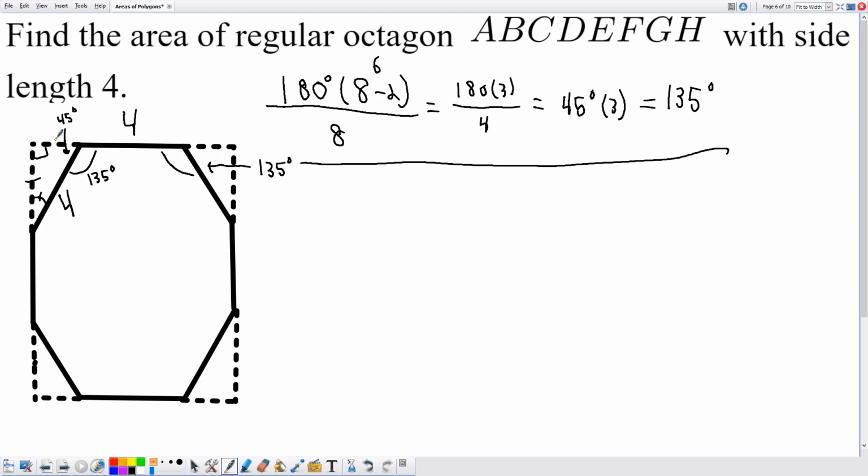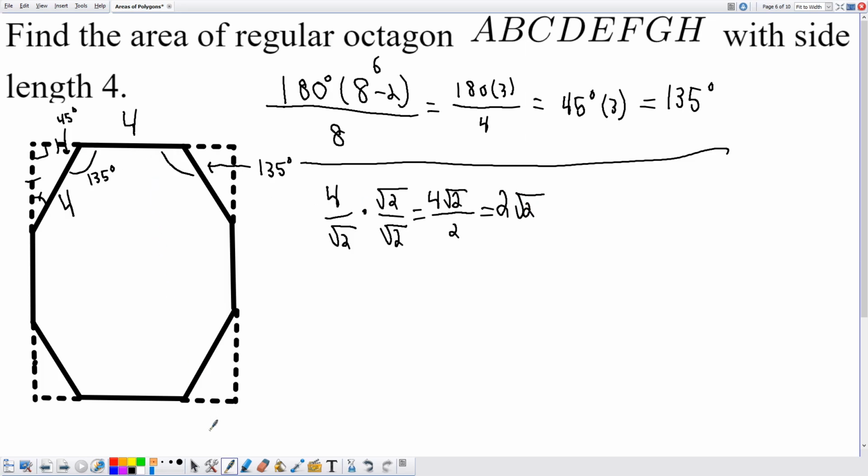Which means we have a 45, 45, 90 triangle. Which means that this side is the length of the hypotenuse divided by the square root of 2. So we have 4 divided by the square root of 2, which, with our simplification process, we multiply by the square root of 2 over square root of 2, and we get 4 root 2 over 2, which eventually 4 over 2 cancels out into just 2.